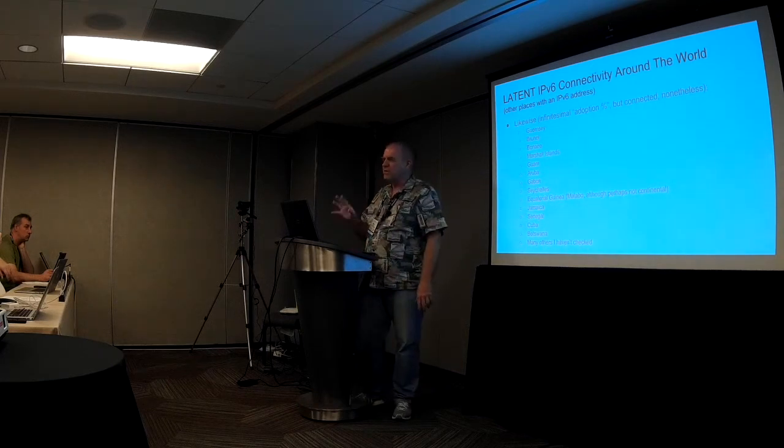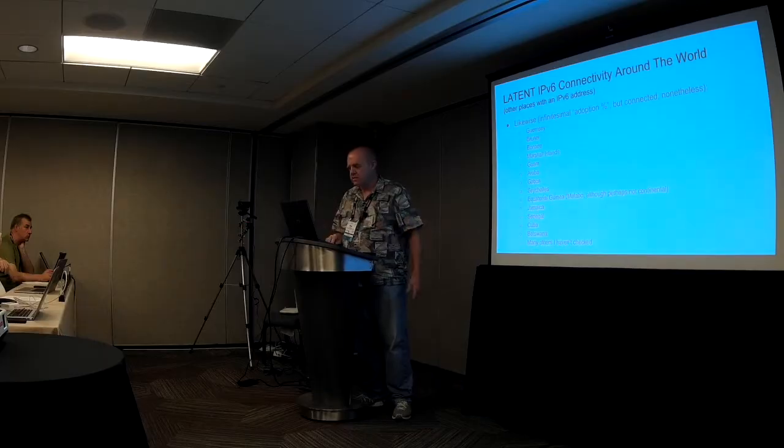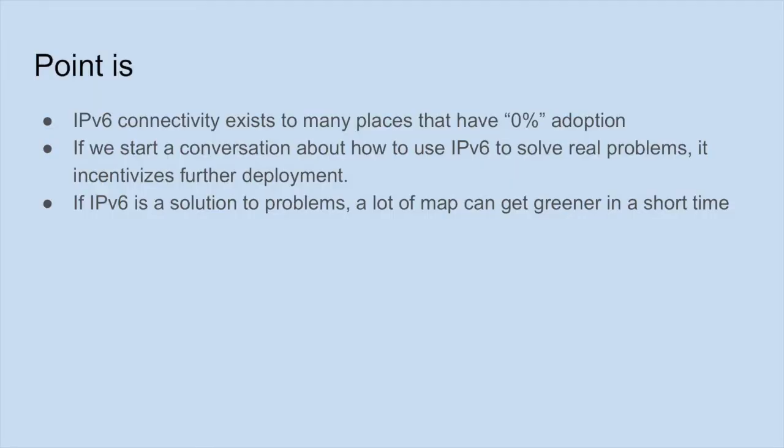There's more connectivity out there than the 0% adoption would suggest. So if we start having conversations and start providing information about how to use IPv6 to build networks and solve problems, it incentivizes future deployment. And I think it's possible to make a lot of the map greener in a short time.